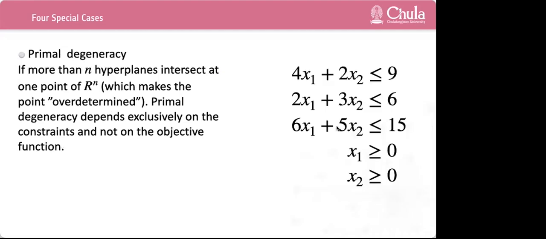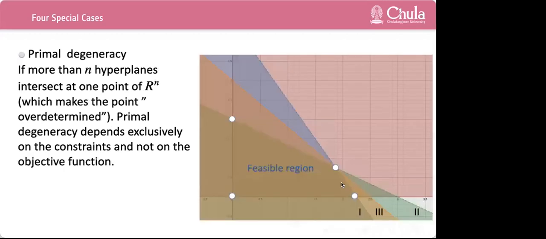And the next one is primal degeneracy, where the number of constraints required to determine the corner actually equals the number of dimensions.